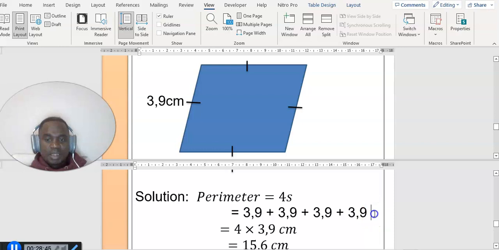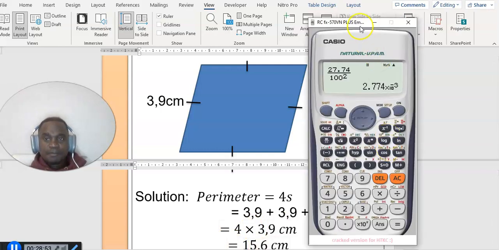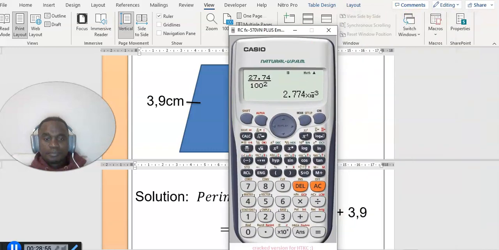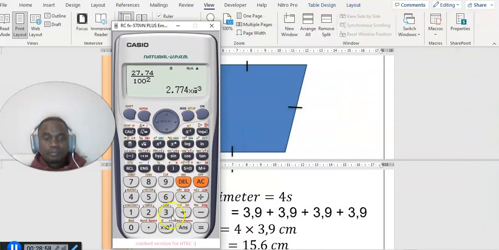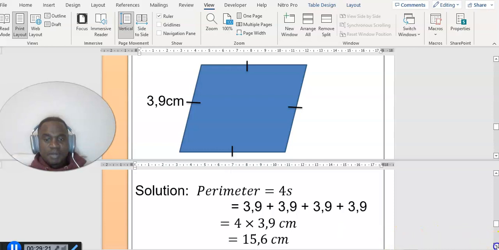This is the same as 4 times 3.9. And when you press it direct on the calculator, you're going to get 15.6. Let's press. You get the same answer. If I press 3.9 plus 3.9 plus 3.9 plus 3.9, it gives us 15.6 centimeters. So that's the perimeter.